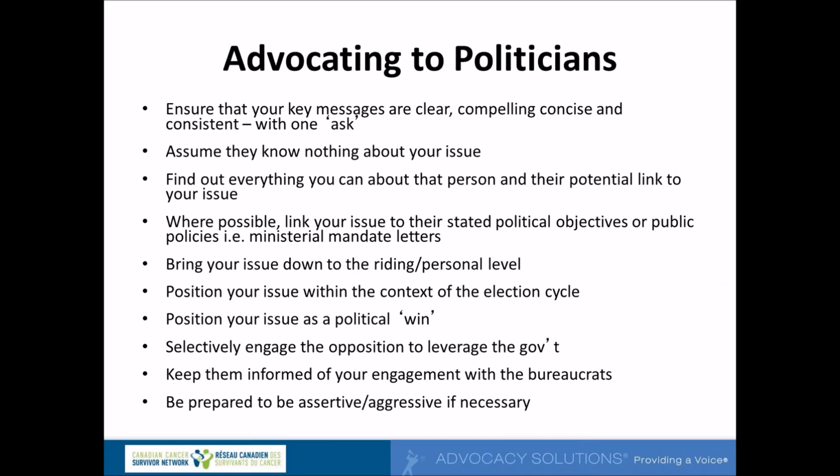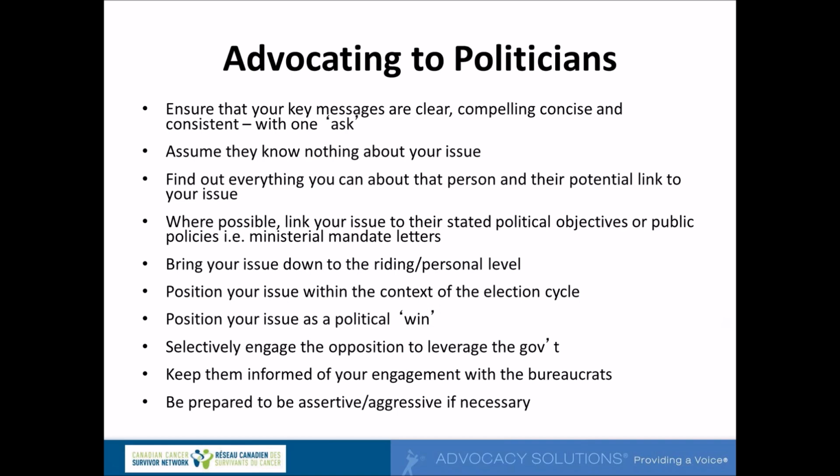If you are still pursuing your issue after five years of engagement, you may want to become a little more assertive if it's warranted moving forward. So on the political side, you can allow yourself to be assertive and aggressive if necessary with time, depending on the circumstances.